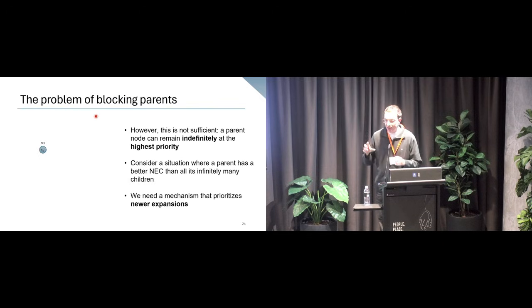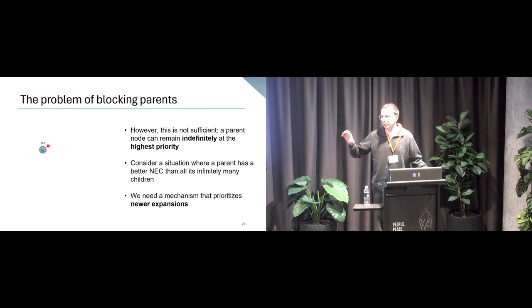This approach is nice, but it needs some more adjustments because of this problem. So I want to illustrate this with an example, right? The problem of blocking parents. So imagine that you have a node, okay, with an evaluation value, and that node gets selected, okay?